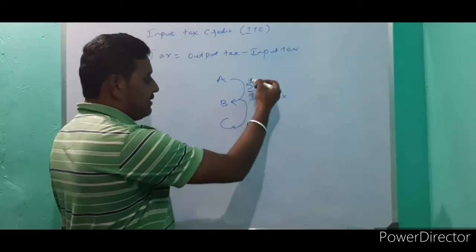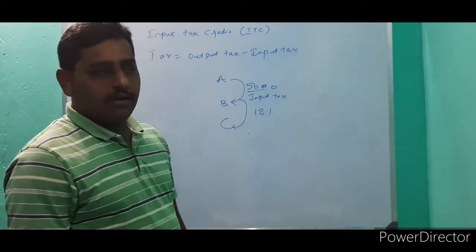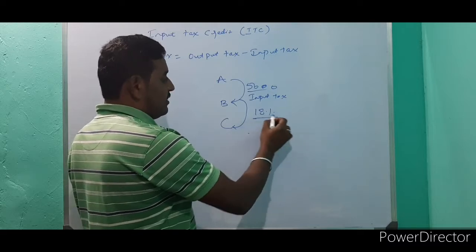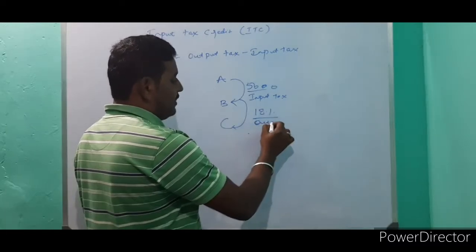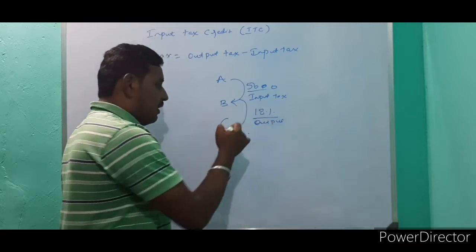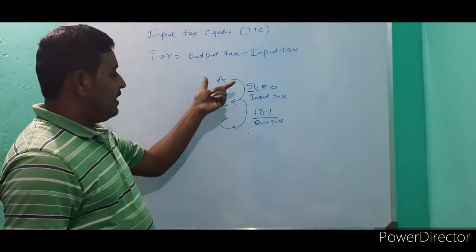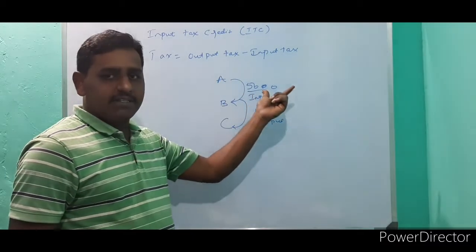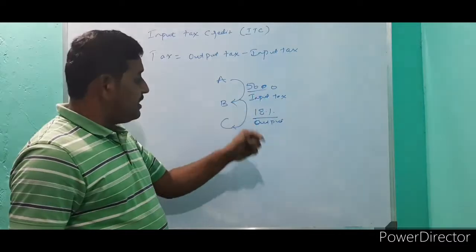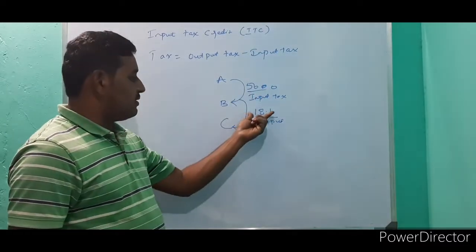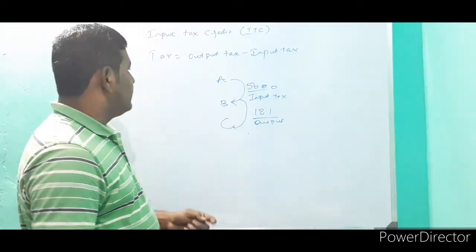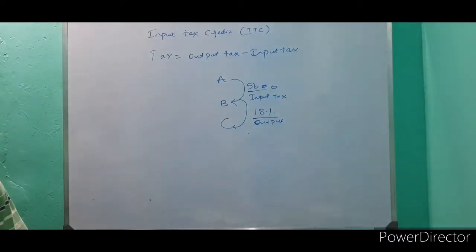Adding the 18% GST on the 5,000 gives another amount. That tax amount is called output tax. A is selling to B, so the tax is already included. If B is selling to C, the GST on that sale is what we call output tax. That means tax is equal to output tax minus input tax.